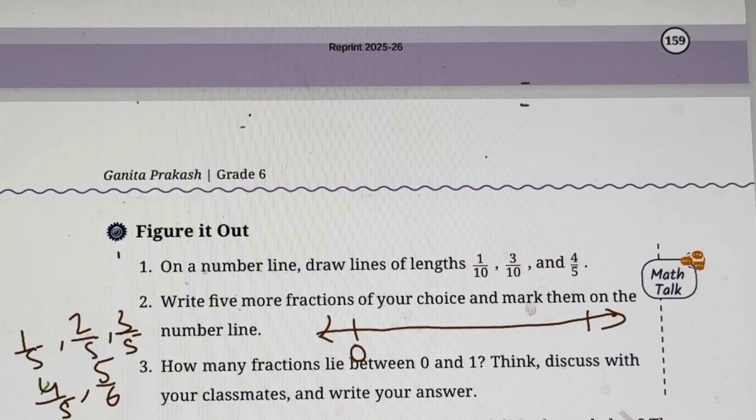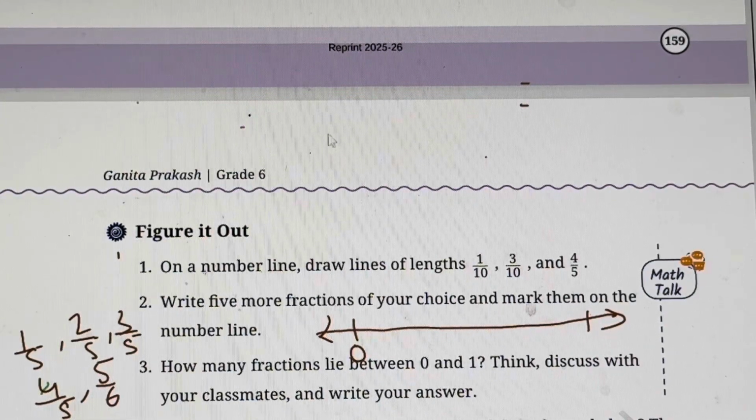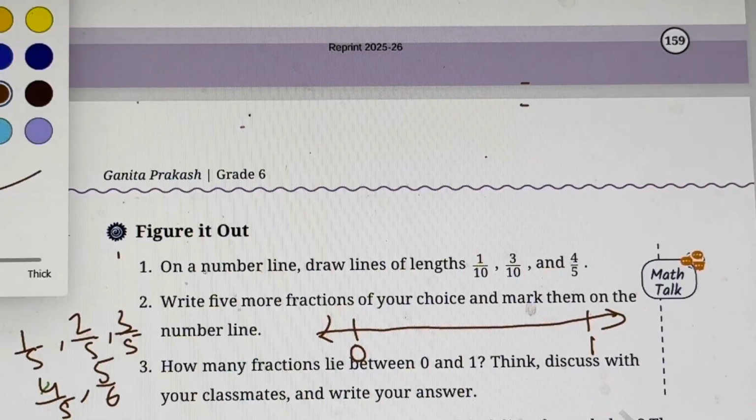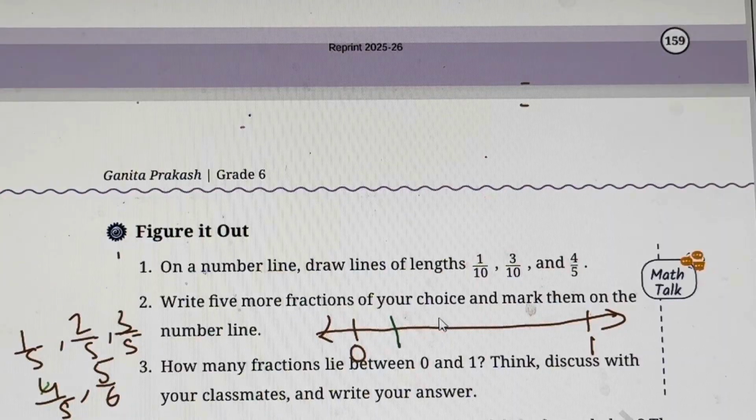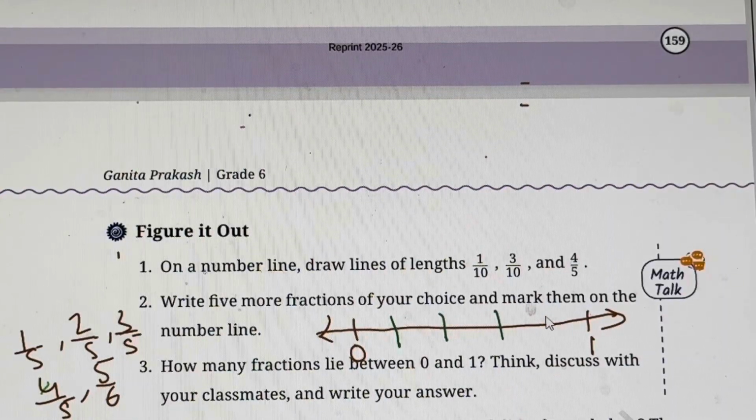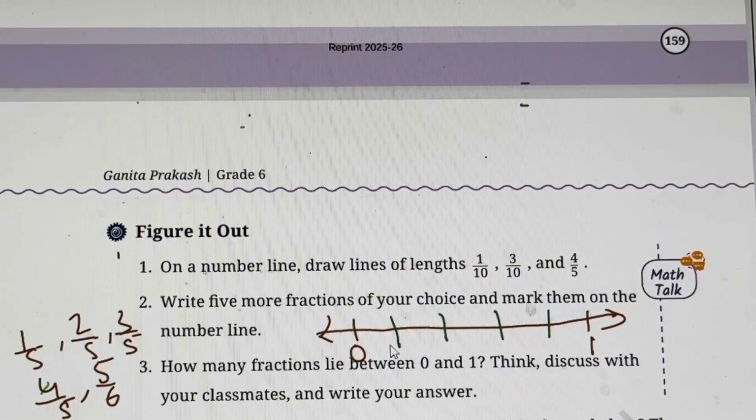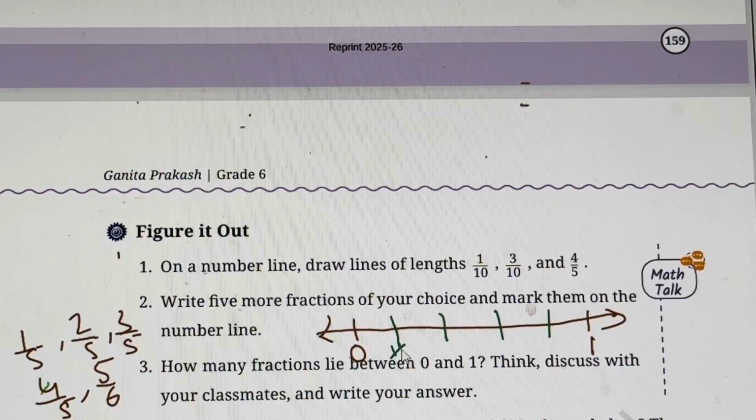So in between 0 and 1, how many lines will you draw? Now you should remember the denominator is 5. So you will draw 4 lines. 1, 2, 3 and 4. Right? So the first one represents 1 upon 5.